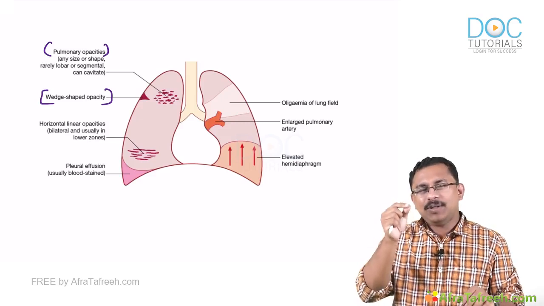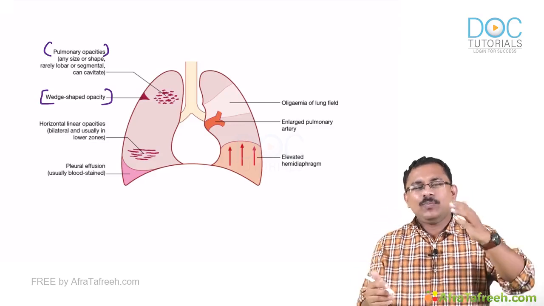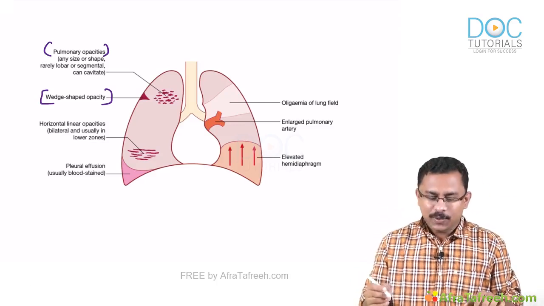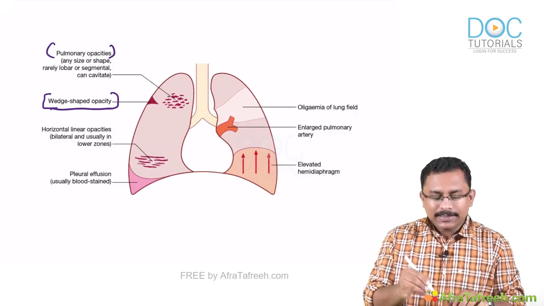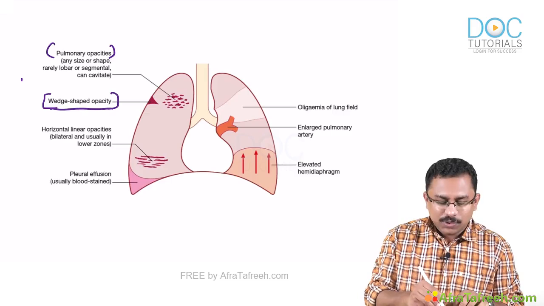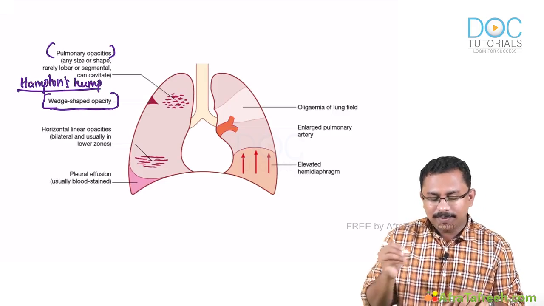So the apex of the wedge will be at the region of the clot, and the base would be towards the lung margins. So you may get a wedge-shaped opacity, and this wedge-shaped opacity is also referred to as a Hampton's hump. Hampton's hump picture we will be seeing later.